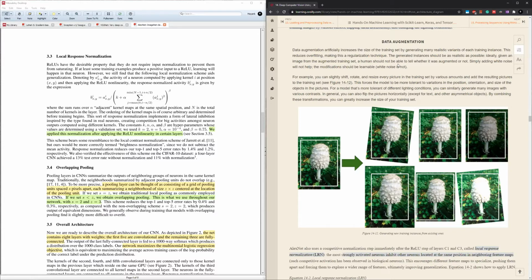I'm not sure, does Jeremy really advocate putting in upside down chest x-rays? I don't think so.